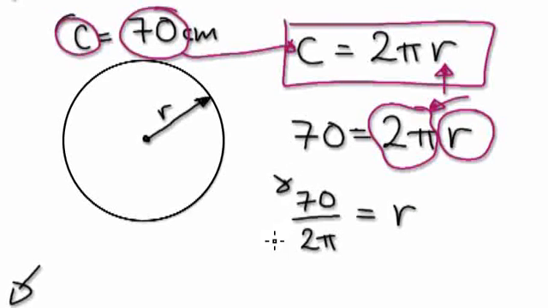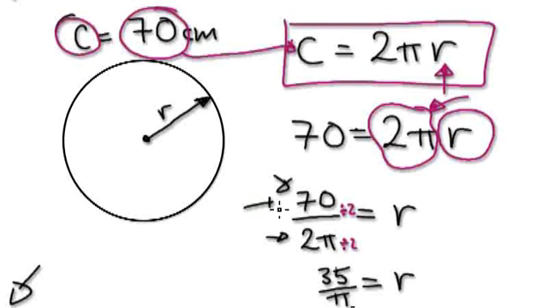Now, 70 is an even number, so let's divide top by 2 and bottom by 2. 70 divided by 2 is 35, and 2 pi divided by 2 would be pi. So r equals 35 over pi.